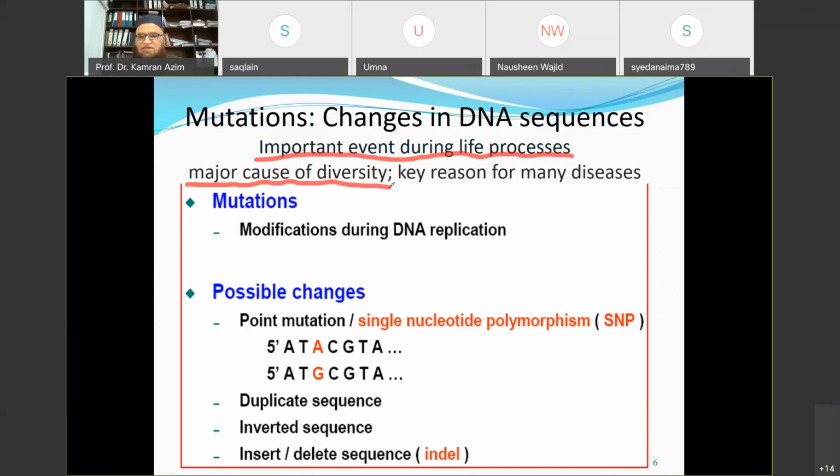On Earth there is a diverse population, and this is because of the mutation changes in the DNA of human beings, from one generation to another generation, and change in the DNA sequence in one population compared to another population, and so on. And mutation also plays an important role in many diseases.